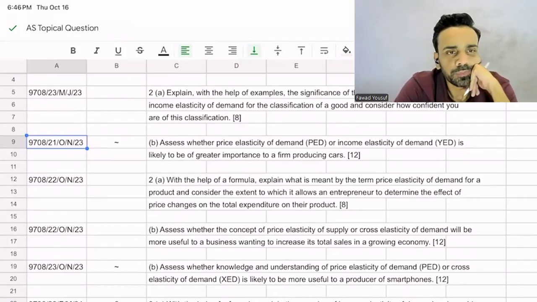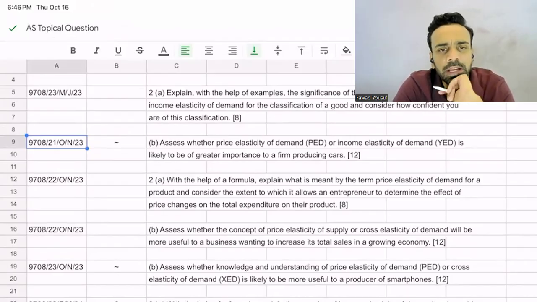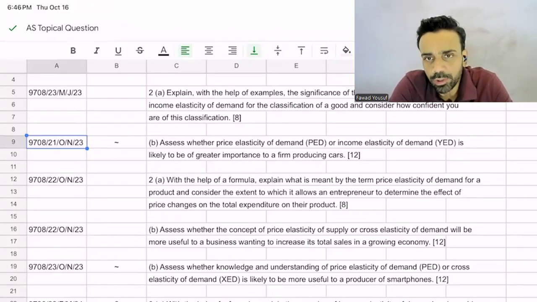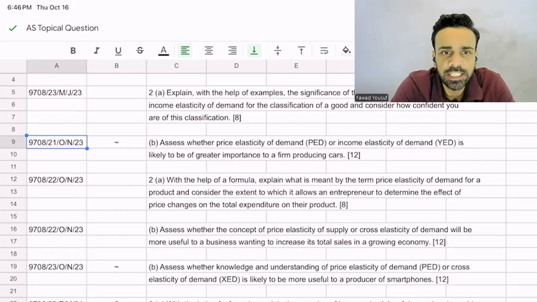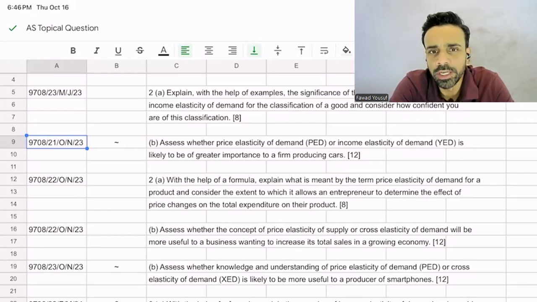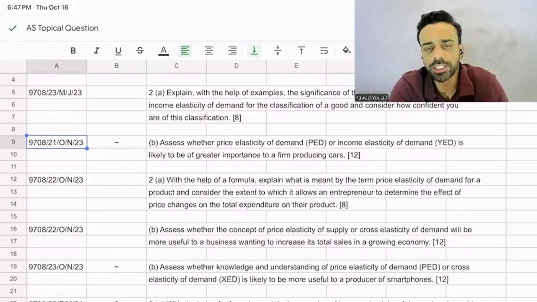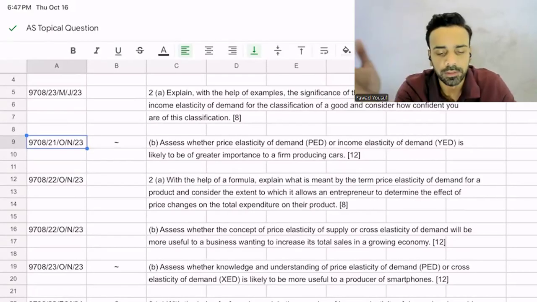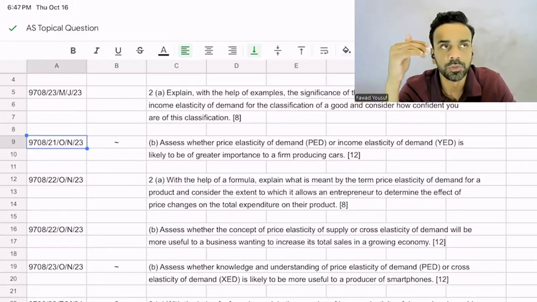And we'll do. November 23 ke andar, they're saying assess whether PED or YED is likely to be of greater importance to a firm producing cars. अब एक firm है, गाड़ी बनाती है, ठीक है, Toyota Corolla और BYD, whatever.